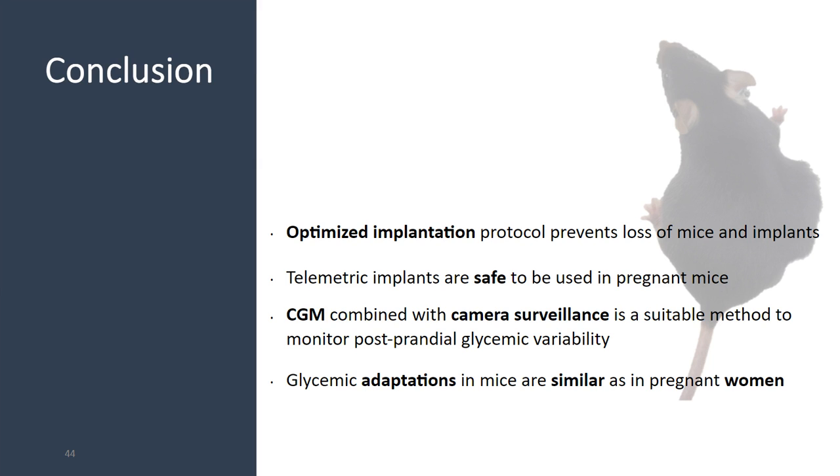Together with the camera surveillance, we could monitor, for example, the postprandial glycemic variability, but also the delivery. And we saw that these glycemic adaptations in mice are very similar as in pregnant women.